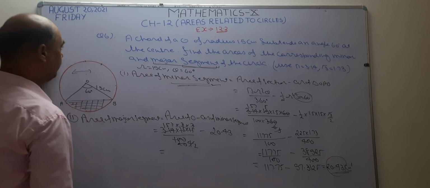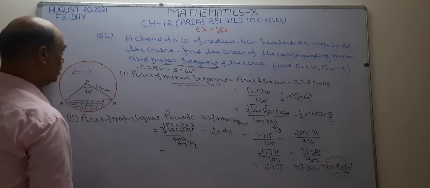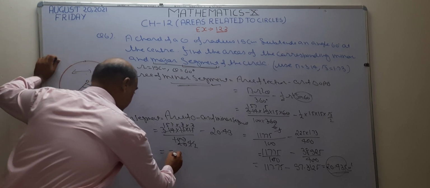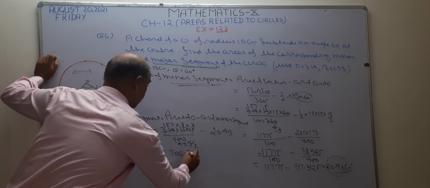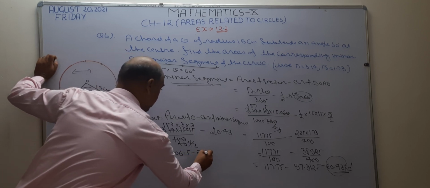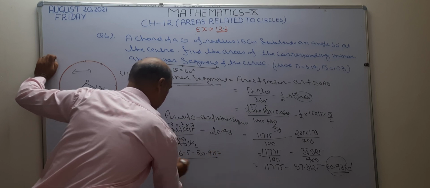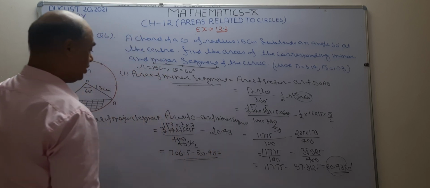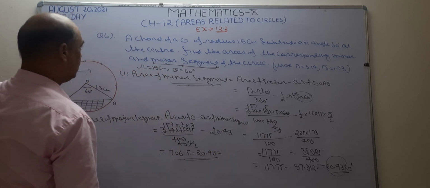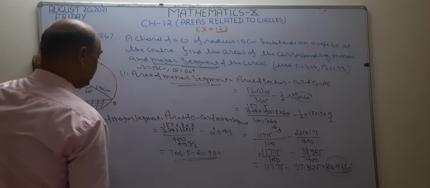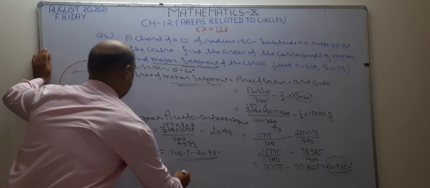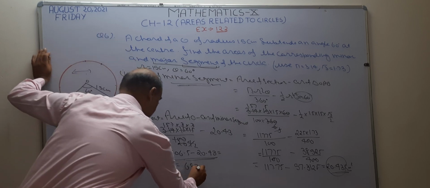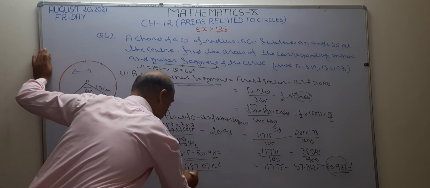So the answer becomes 706.5 minus 20.43. You subtract 20.43 from 706.5, so the answer becomes 687.07. This is your answer.